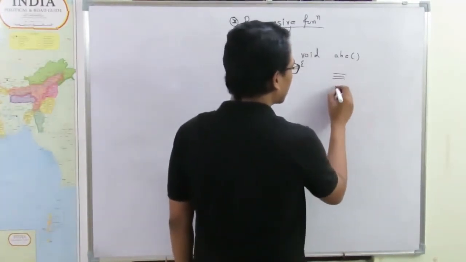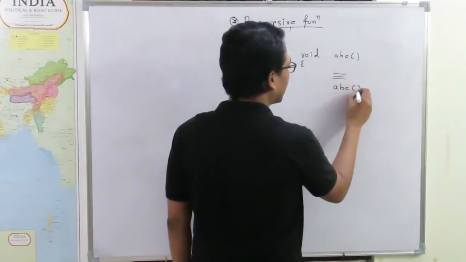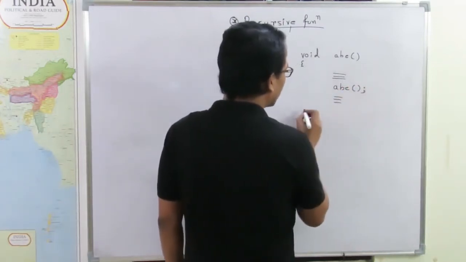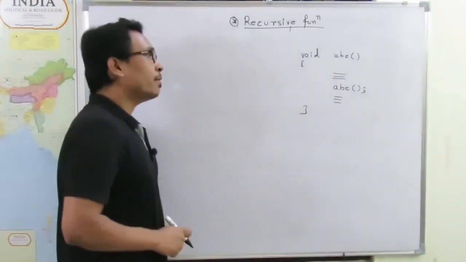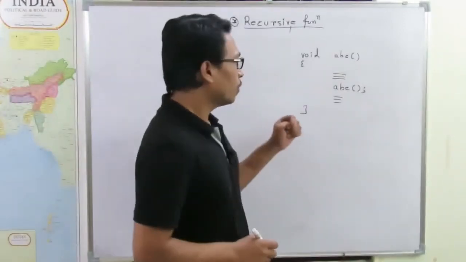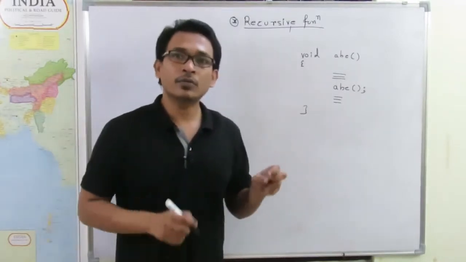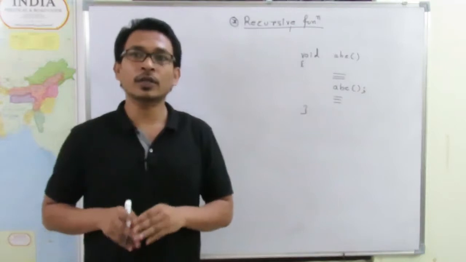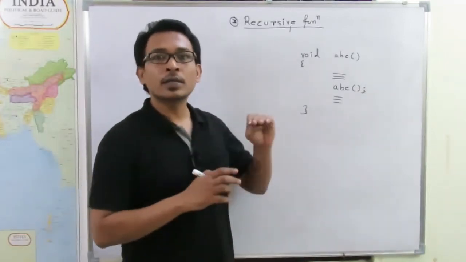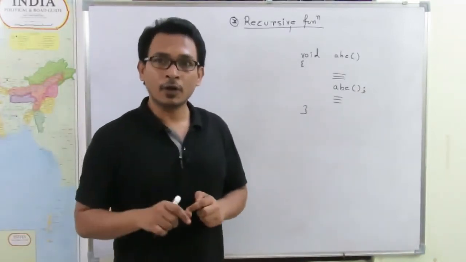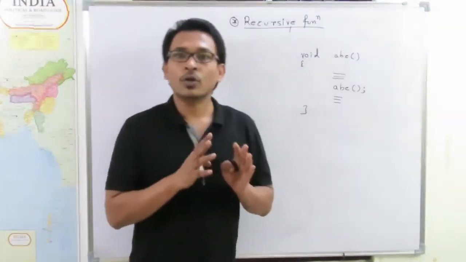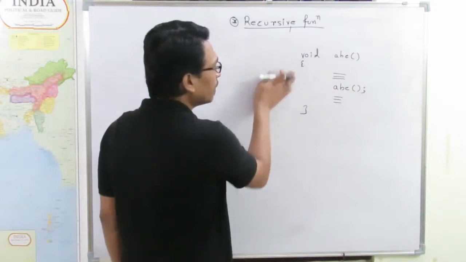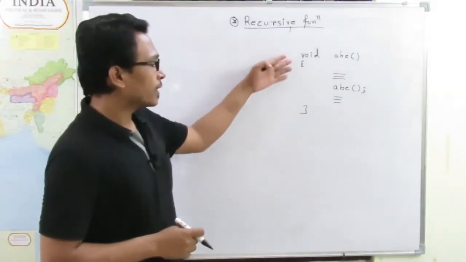Within these other instructions we also call the function itself, abc function, and after that also some other instructions are there within the function body. Clear? So look, currently we will not focus on other instructions. We will focus only on the recursive call and how system will work with the recursive call. That thing we only focus for now. Clear? So now this is our recursive function.